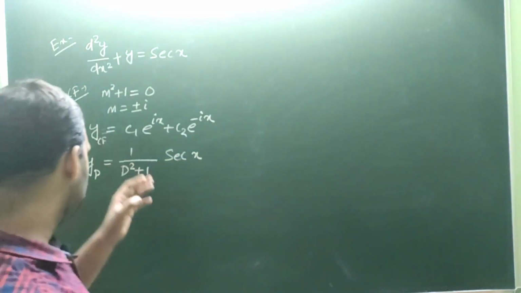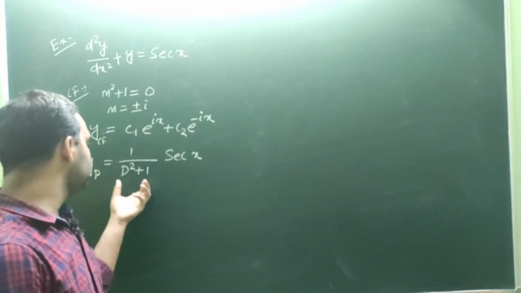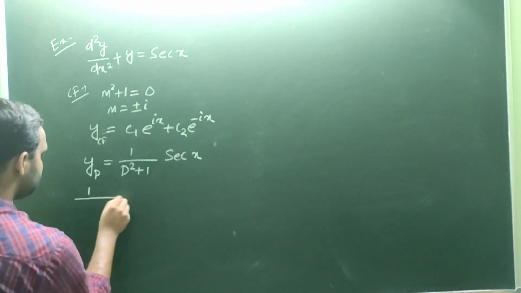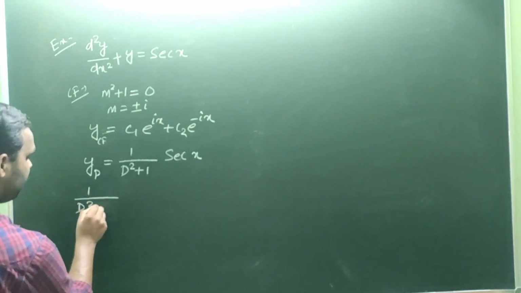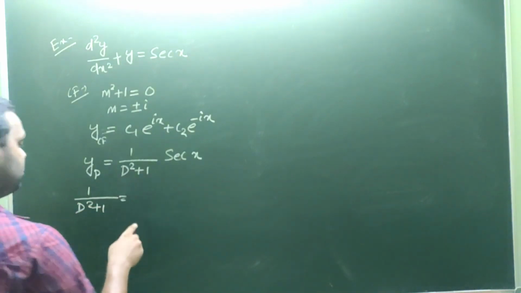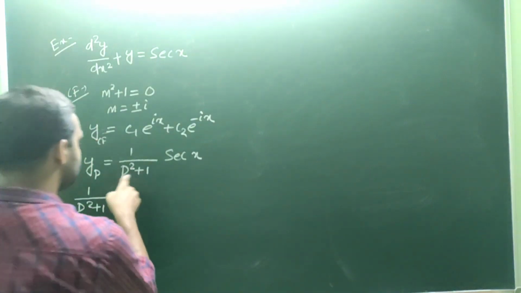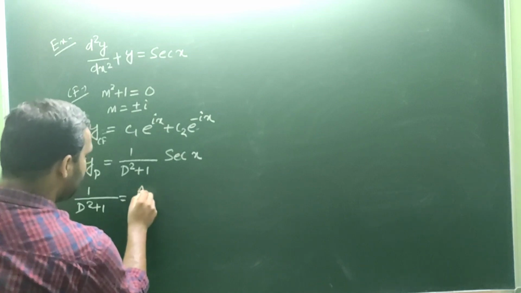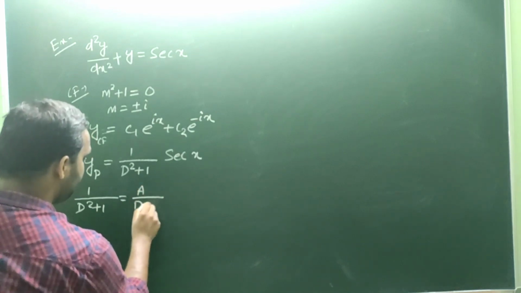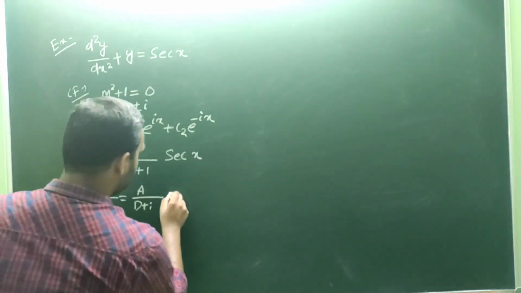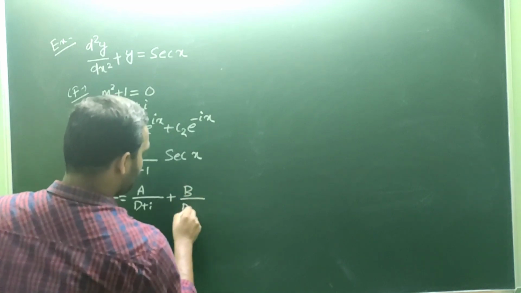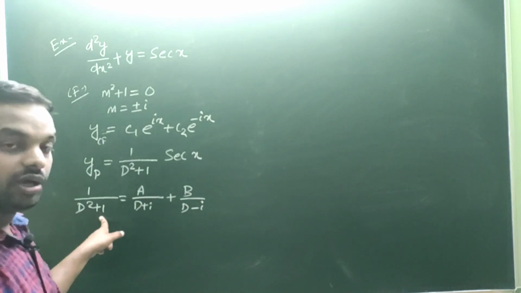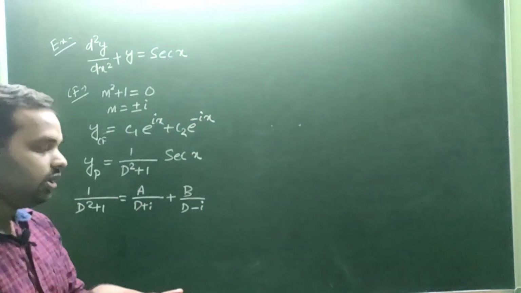Now I told you to convert this into the product of two terms. So if you convert this, I am doing this for you. You can do this for all types of denominators. So this will be a by d plus i plus b by d minus i, because this will give you d square plus 1.